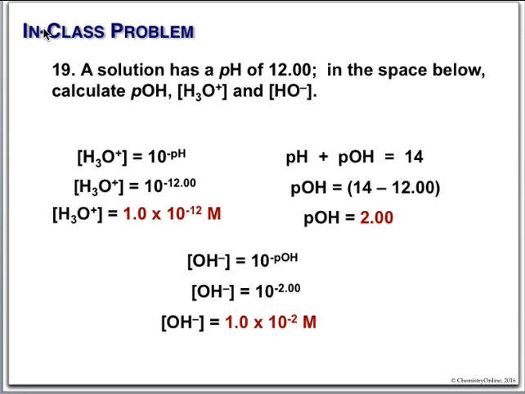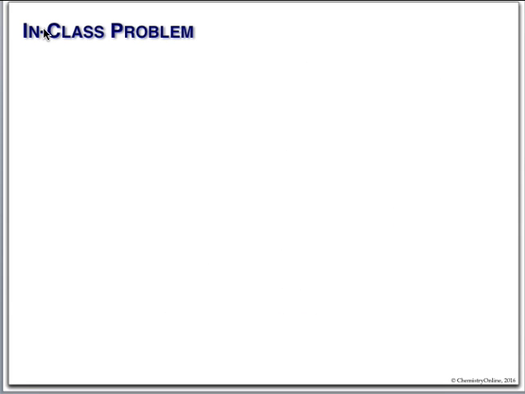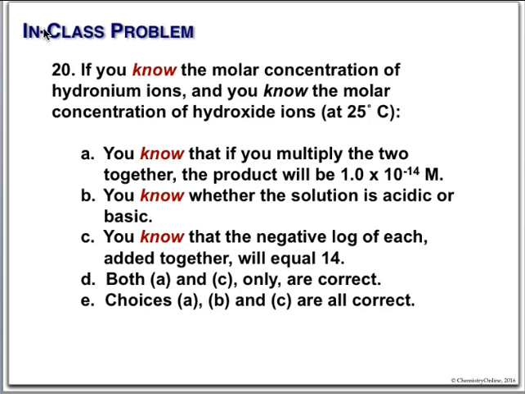And finally, let's wind up with what we know about pH. If we know the molar concentration of hydronium, and we know the molar concentration of hydroxide, which of these are true? We know that if you multiply these two together, we'll get 10 to the minus 14. We know that whether the solution is acidic or basic.